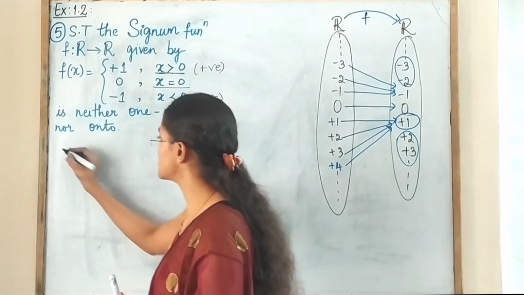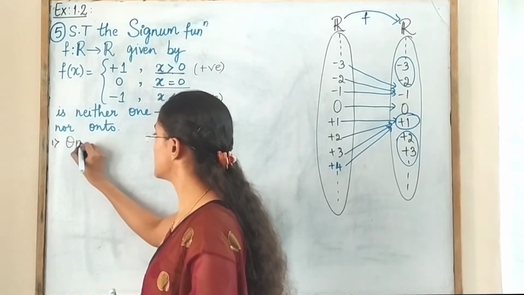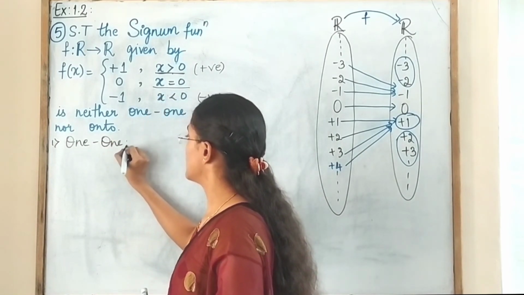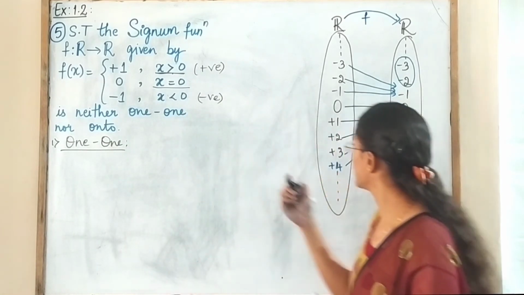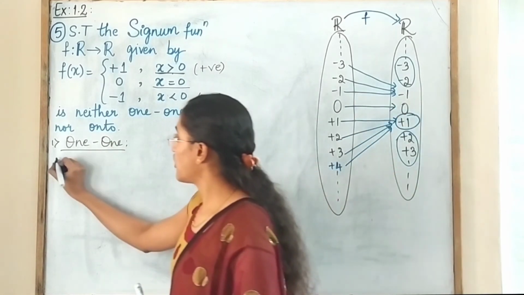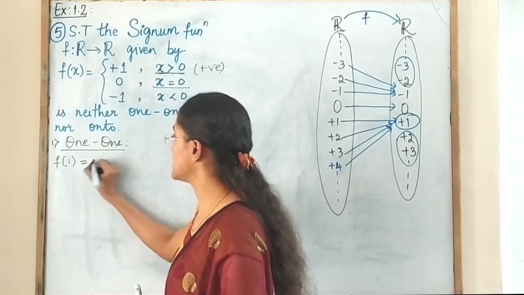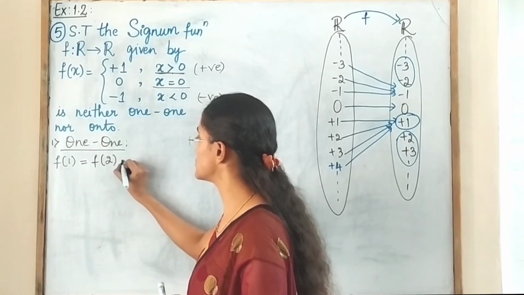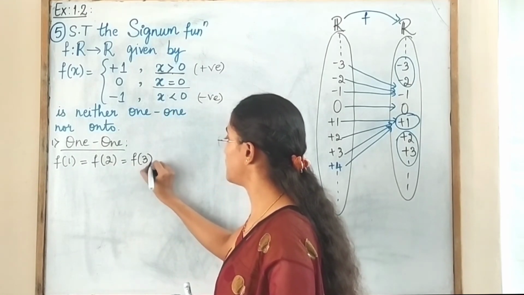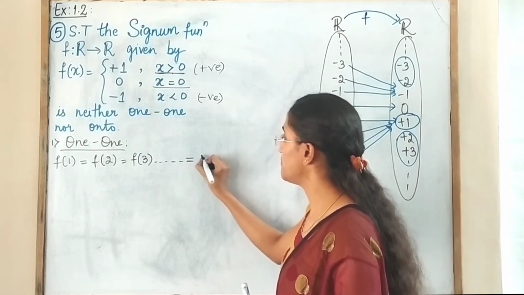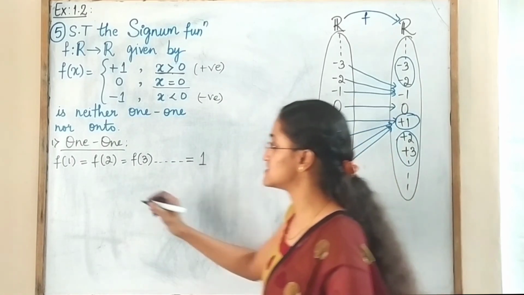Now writing this generally, you can use the counter examples. For the one-one function, you may select that f of +1 is equal to f of +2 is equal to f of +3, and so on, having the value +1 itself.